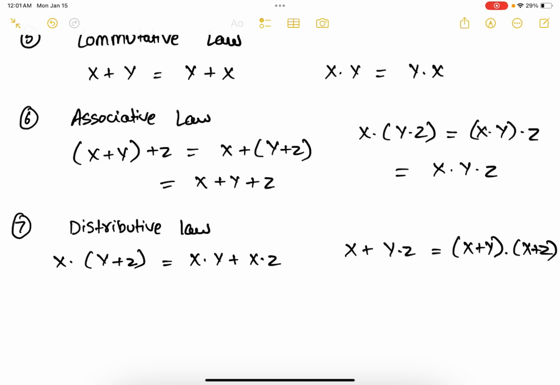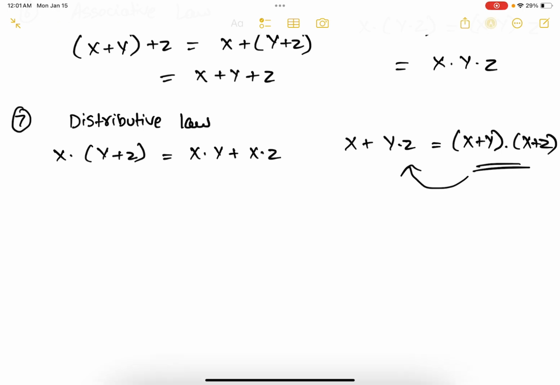So if you multiply this out, you're going to get this. You can try that actually. So let's do the proof. So let's take the RHS, (x or y) and (x or z). So let's start multiplying it out.